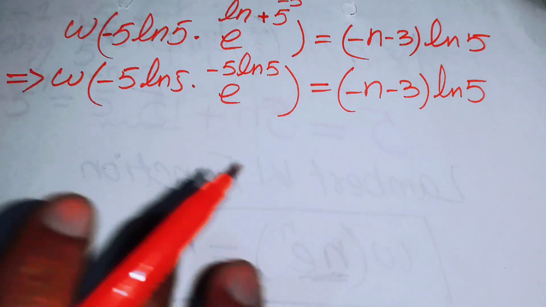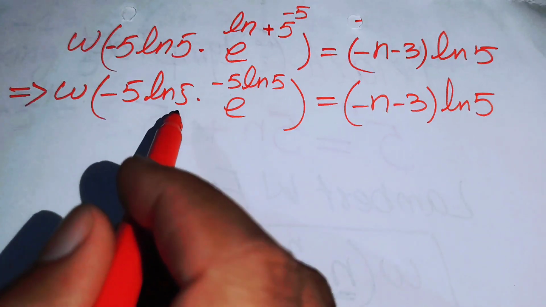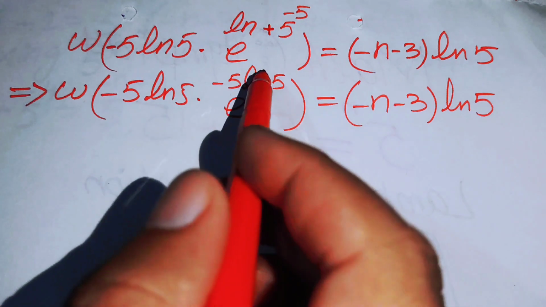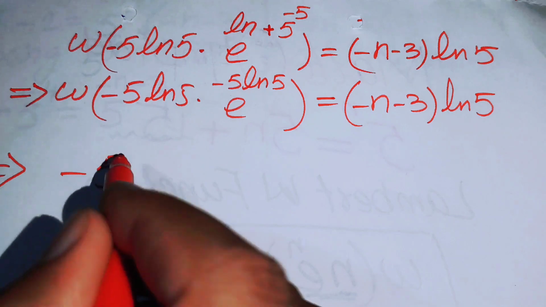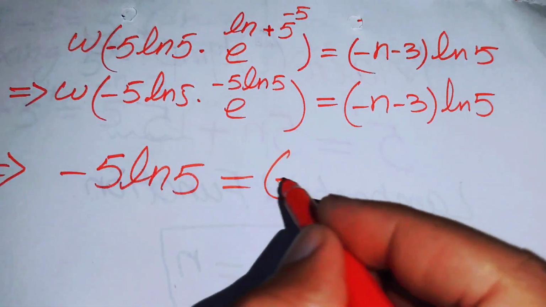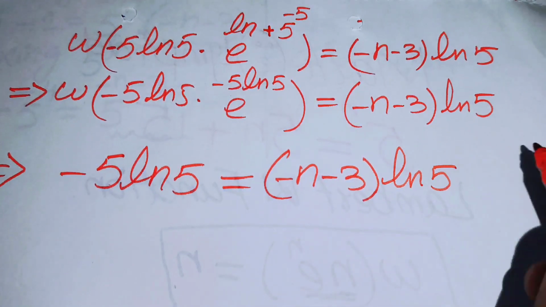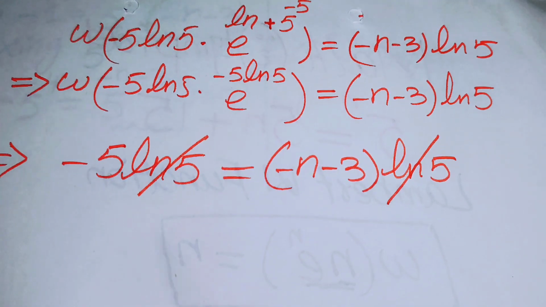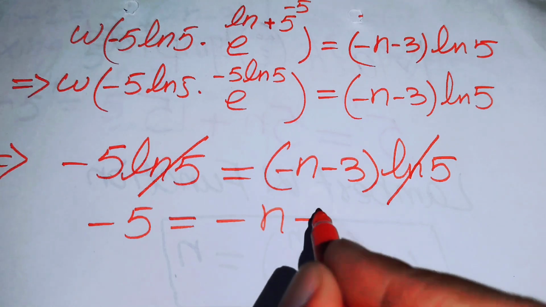In the next step, on the left hand side we apply the Lambert W function. According to this function we write this exponent of e here only. So minus 5 times log 5 is equal to minus n minus 3 times log 5, and here you see that log 5 and log 5 cancel each other, and we get minus 5 is equal to minus n minus 3.